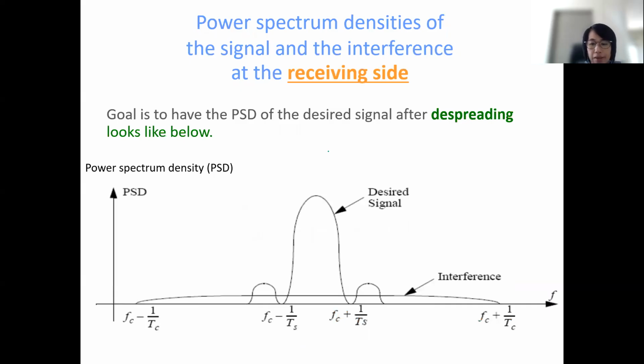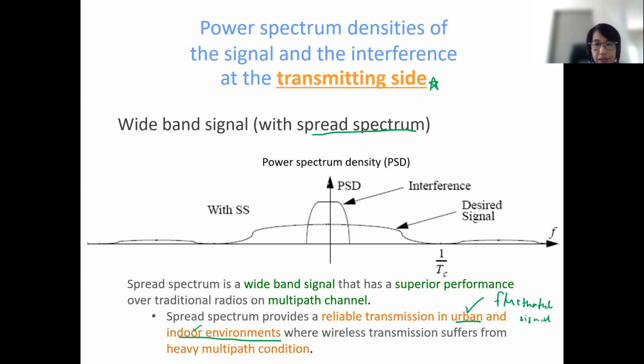So the goal is that, okay, this is the transmitter side. What you have to do is spread the spectrum of your desired signal. After modulation, you send it to the spreading, and this is the spectrum that you send through the air.